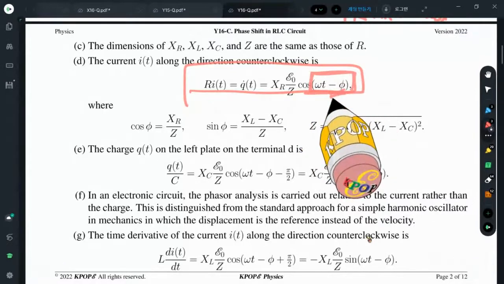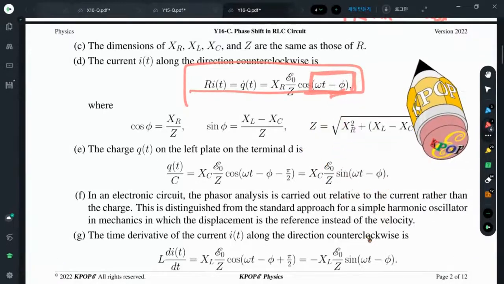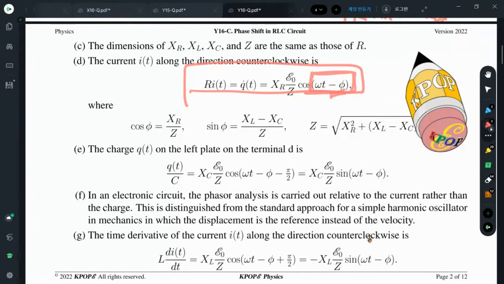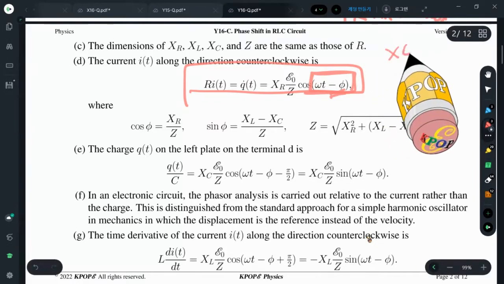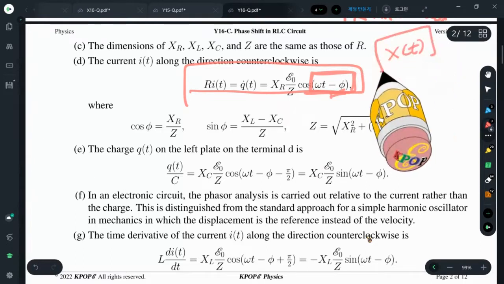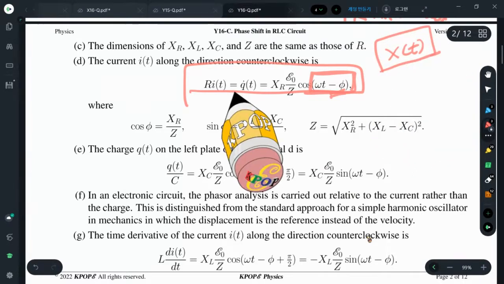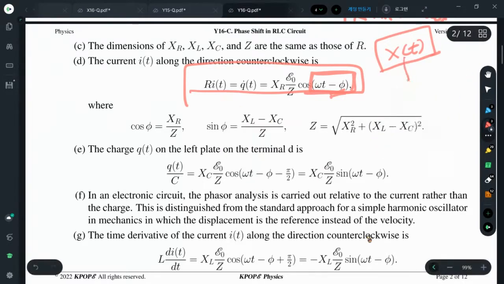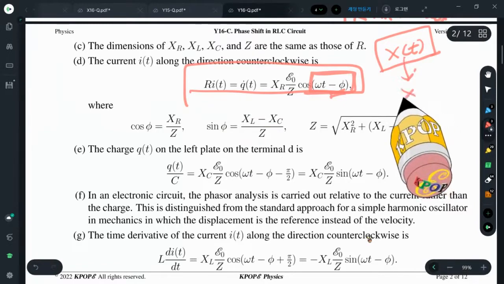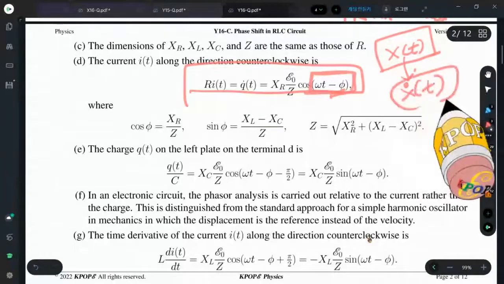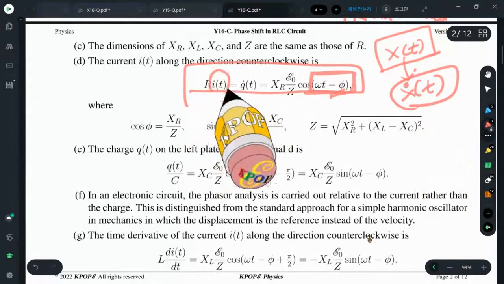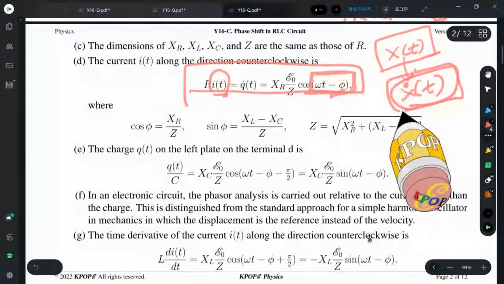We use minus phi, which is different from the delta that appeared in the previous analysis of the simple mechanical harmonic oscillator problem, where we concentrated on the displacement. But here, in this case, it is x dot. The current I corresponds to the velocity.